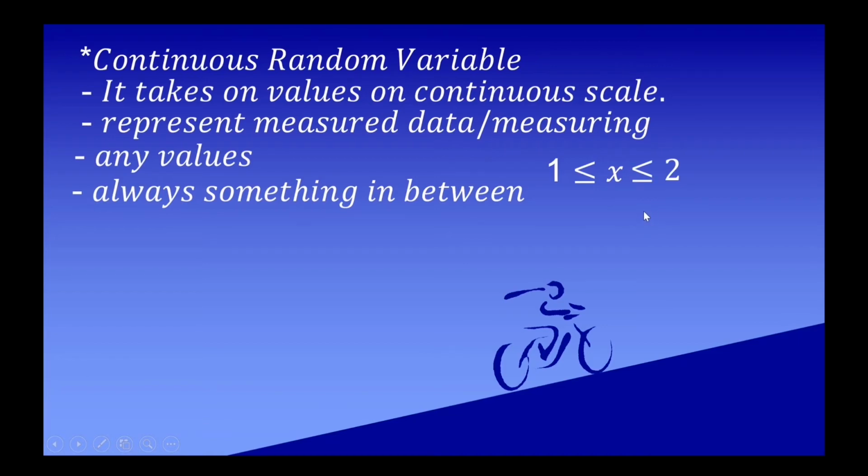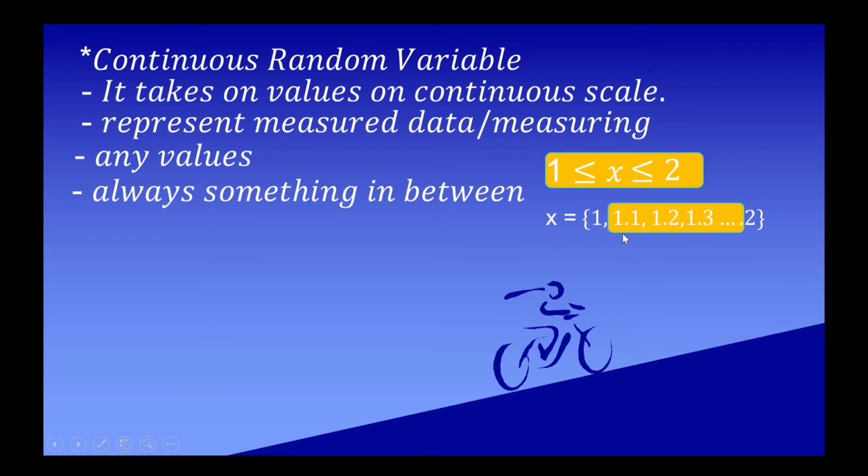This continuous random variable takes on any value of x between the two specific values 1 and 2. So the set of values of x are 1, and 1.1, and 1.2, and 1.3. So there's always something in between. The concept of decimals matters with this type of random variable, the continuous random variable.